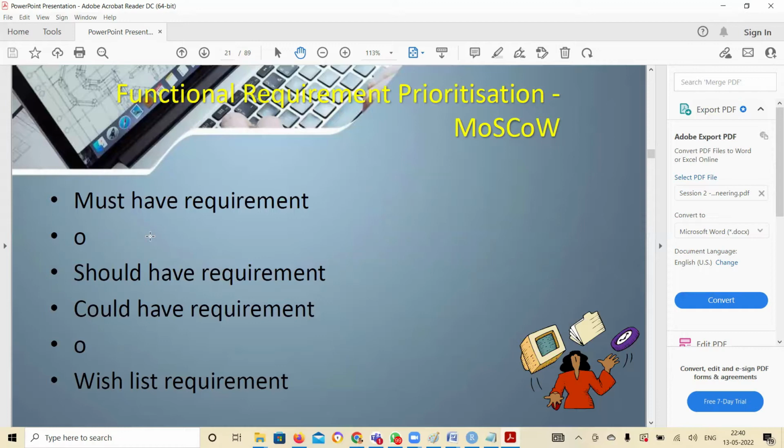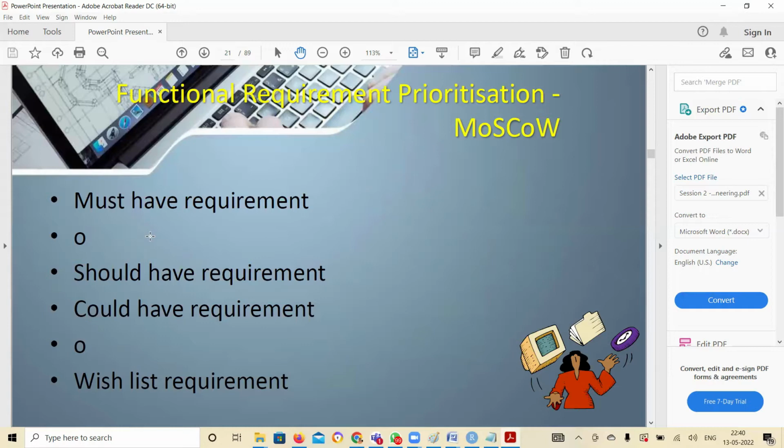When you put a definition around the group, the definition will clear the doubts from people's minds, and then it becomes easier for people to understand why you are creating different groups. So what we are saying here is that group 1, you call it must have. Must have means if you do not give that requirement, the customer will not accept your solution.